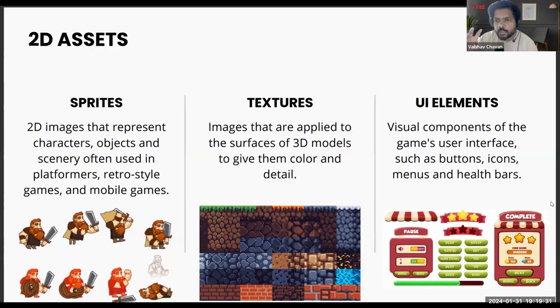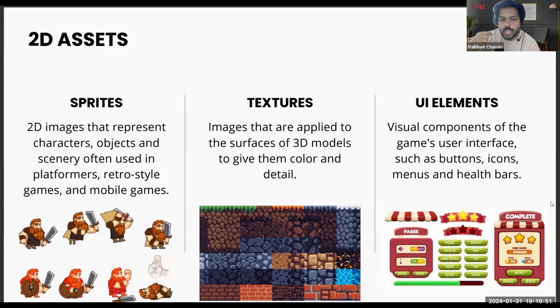Just to give you an example, the image that you see at the bottom, you can actually relate that with a level in a Mario game, right? You usually see that base on which Mario is running. It's quite similar to what you see in this image.